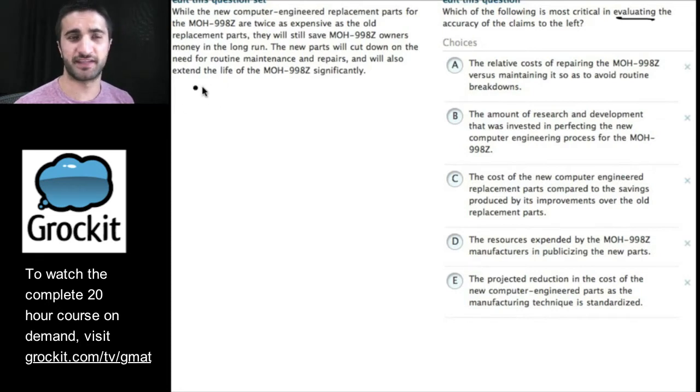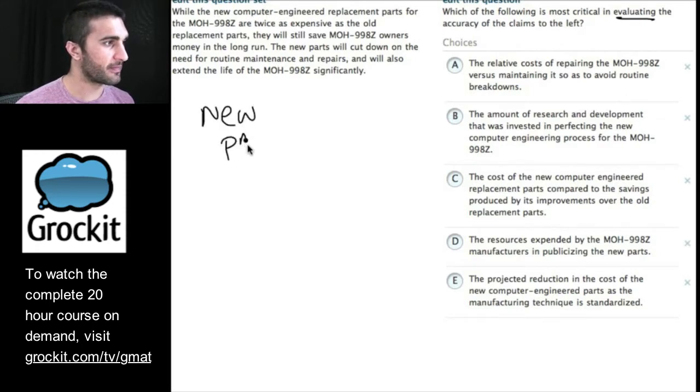Okay, it sounds like a bit of a data dump here. They're just giving me a bunch of information. Let me pull it out. New parts are twice as expensive as the old ones.